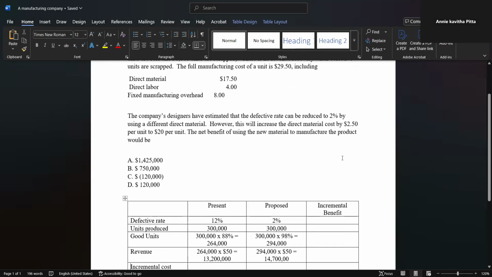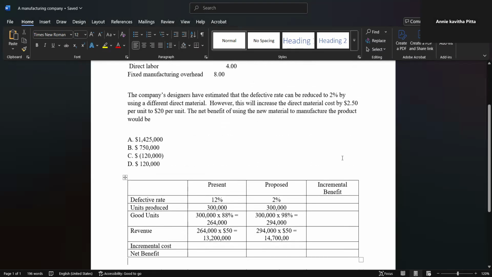We see that the present scenario is with a defective rate of 12%. The proposed change, whatever they are anticipating, will bring the defective rate down to 2%. The total number of units produced is 300,000, and the good number of units, without any defects, would be, since 12% is gone, 88% will be the good output.